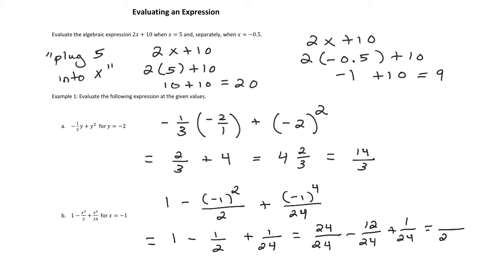It's going to be something out of 24, and it's 24 minus 12 plus 1 in the numerator. So 24 minus 12 is 12, and then 1 more is 13, out of a total of 24. So the idea of evaluating the expression is not difficult. It's just putting that number in place of the variable. What might take more time is potentially simplifying the number, but that's it for this example.